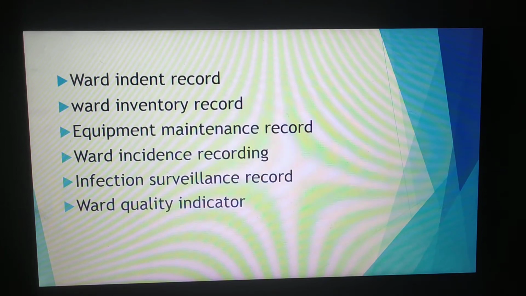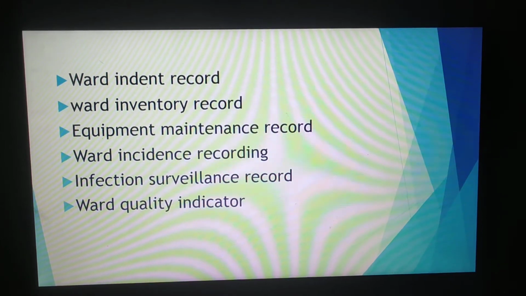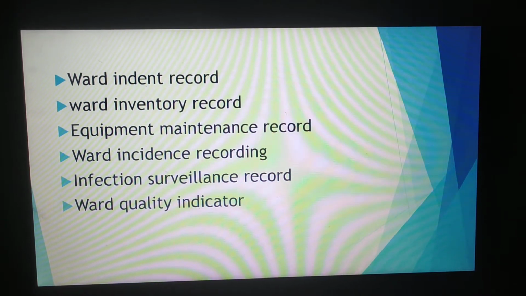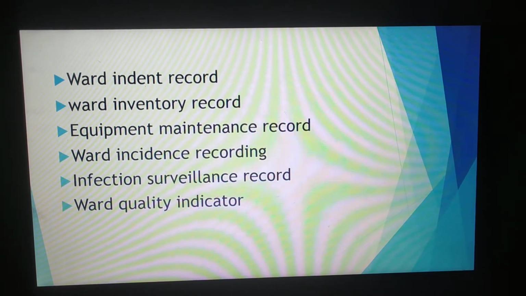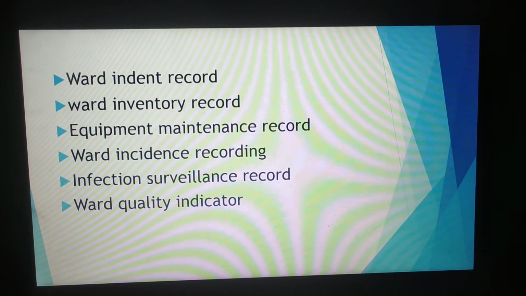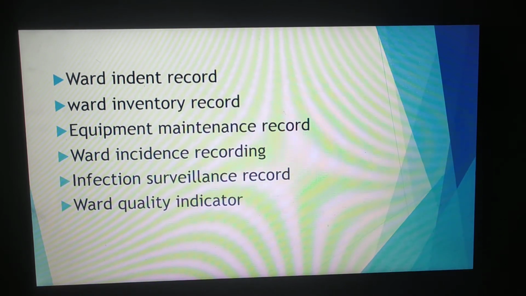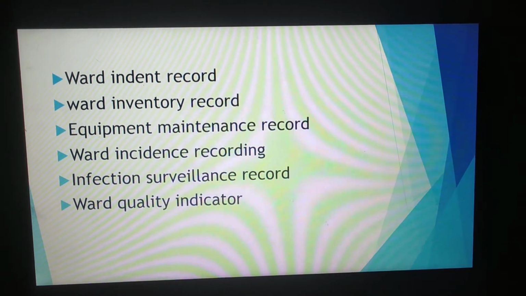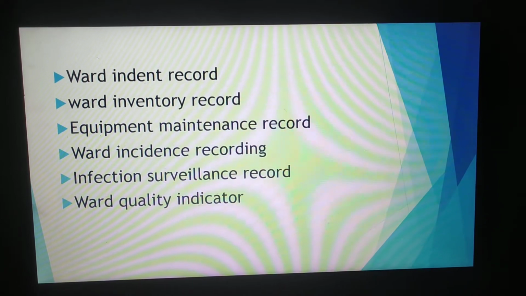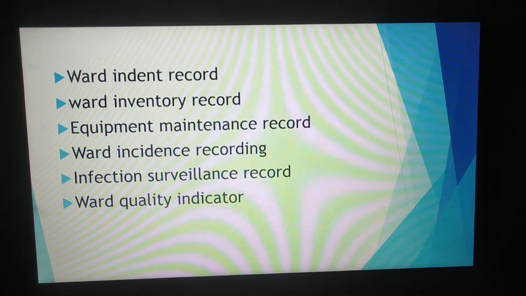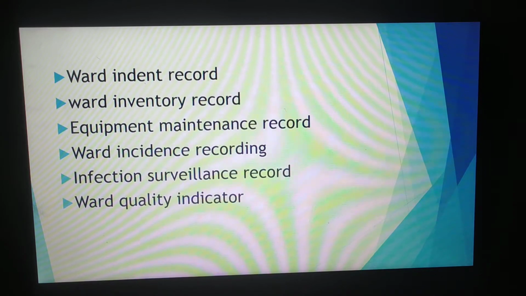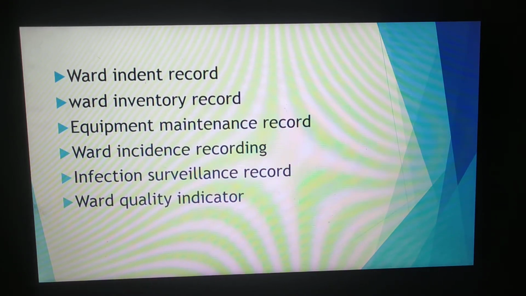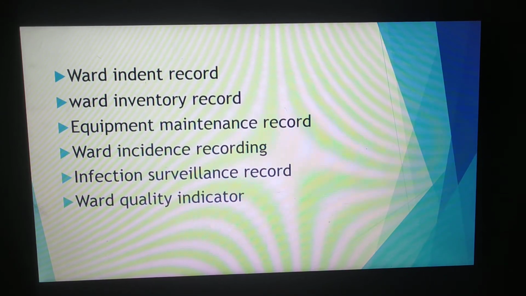For example, if a thermometer is given from the female general ward to the male general ward, that should be kept in a written document in the record with the name, date, equipment, and the name and signature of who gave it. And we need to take the signature from the person taking the equipment or instrument also. When we are handing over the equipment, we need to sign there itself.